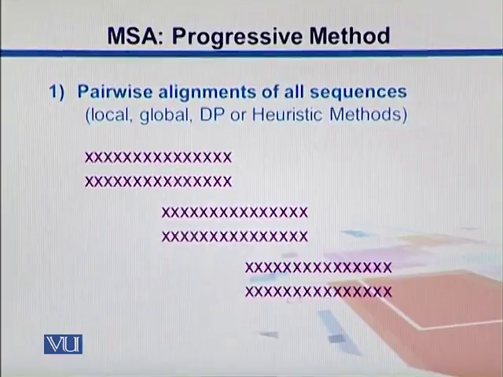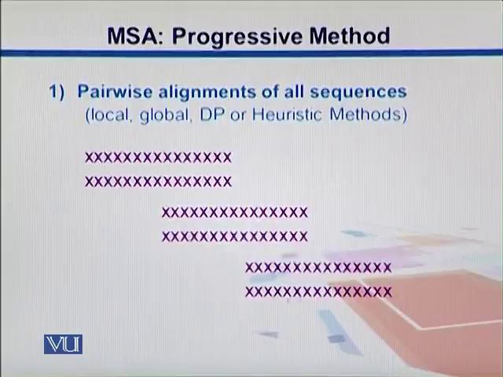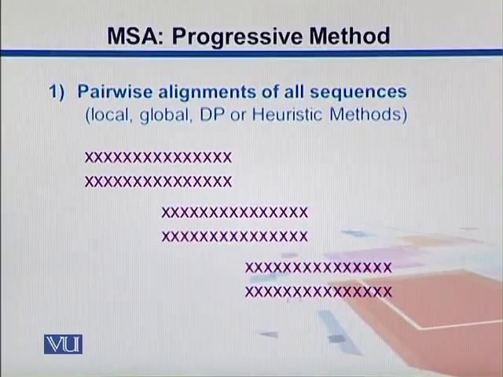So here is how it works. We have pairwise alignments of all sequences. You can do it with any method. Local, if you are aligning some sections or segments within your complete sequences. It can be global, where you take the whole sequences and align them with one another, depending upon your question. Are you planning to do this multiple sequence alignment locally or globally?